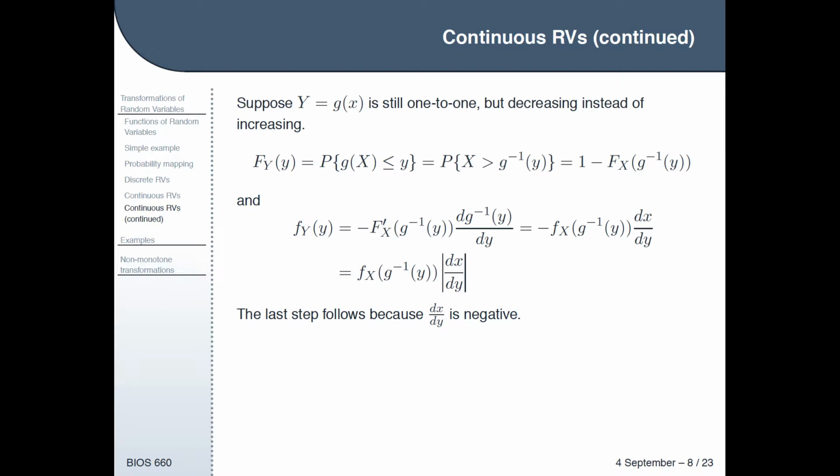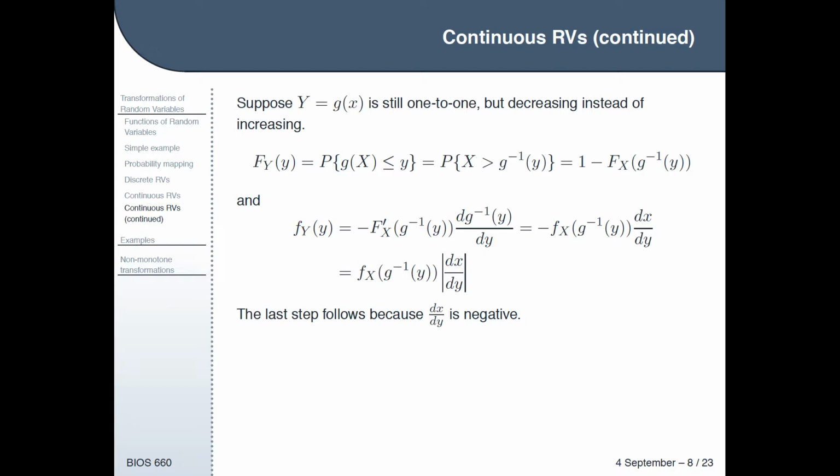So to get the density function, we differentiate that again, and same sort of thing: f prime of g inverse of y times g inverse prime of y.